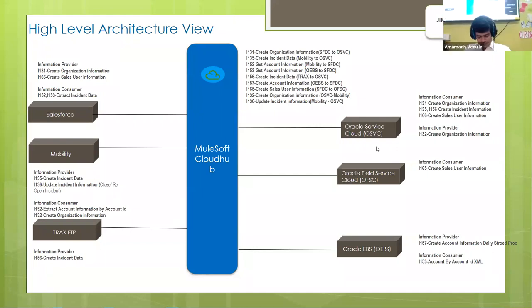So we are enabling multiple systems to communicate with each other, being a middleware application. Transferring the data, connecting the data, and transforming the data. Everything is correct.